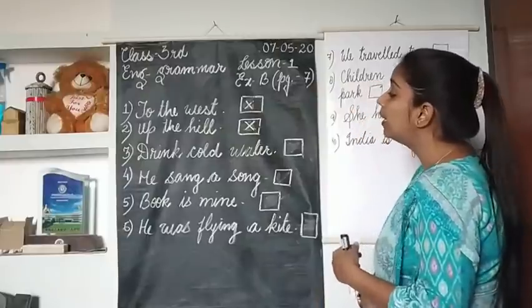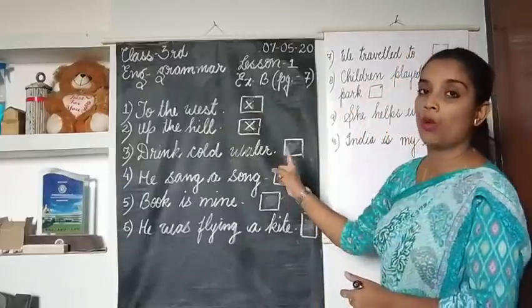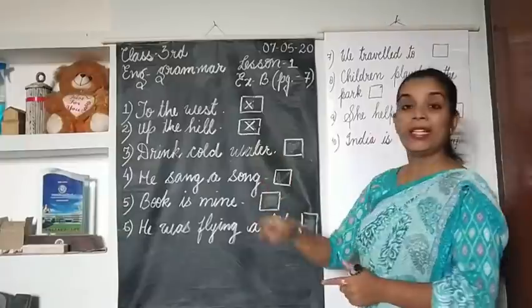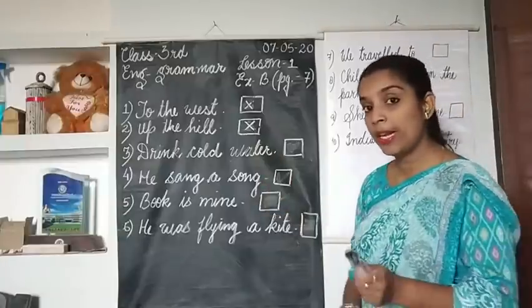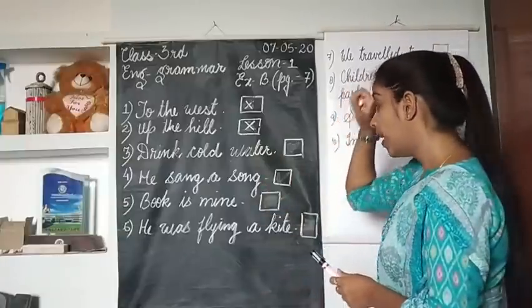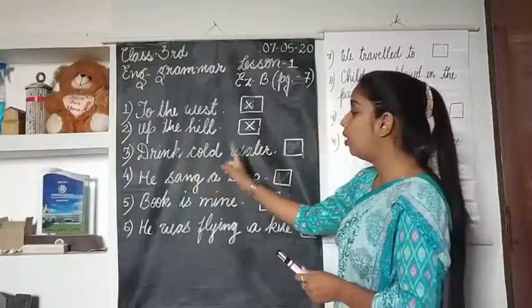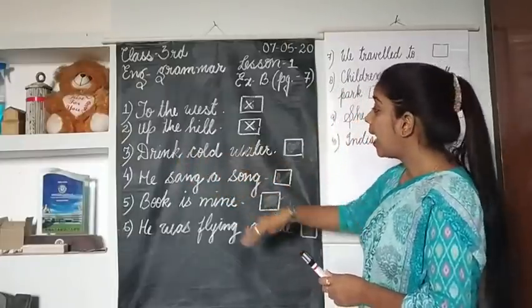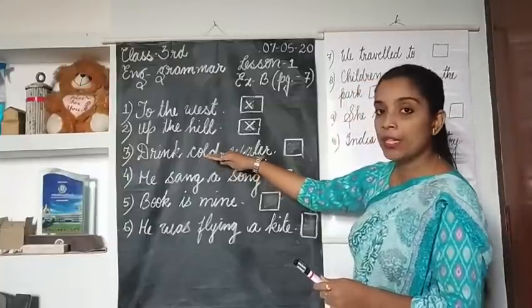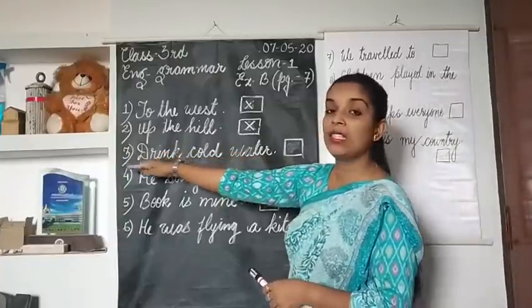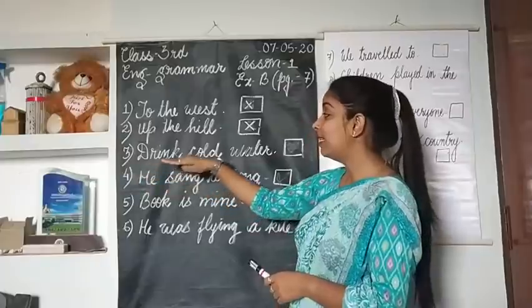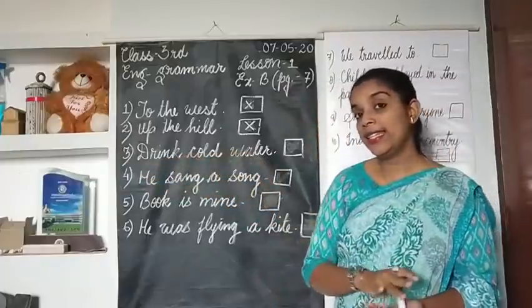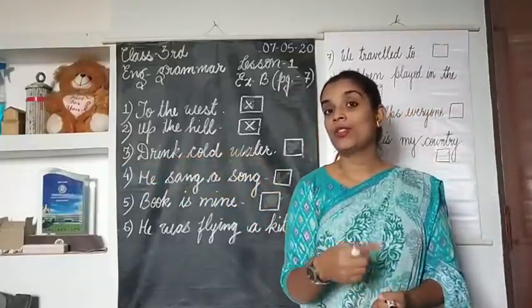Now the third one is "drink cold water." You all have studied kinds of sentences also. I have explained all kinds of sentences. In this sentence, words are arranged in an order, and it carries a subject and predicate also. Though the subject is not mentioned here, this sentence is giving you some advice or suggestion.